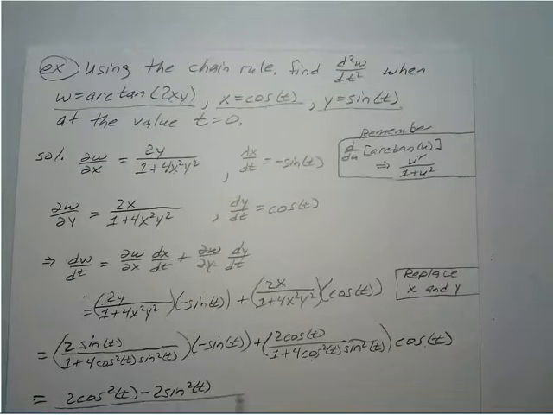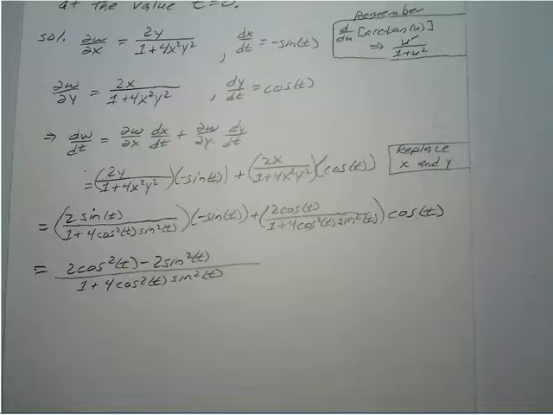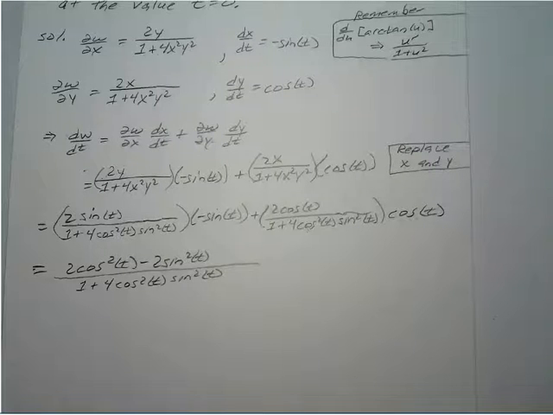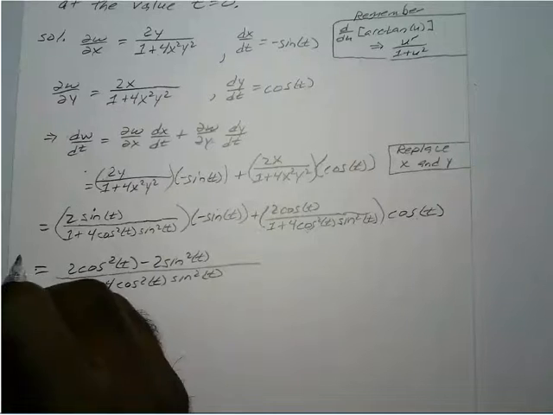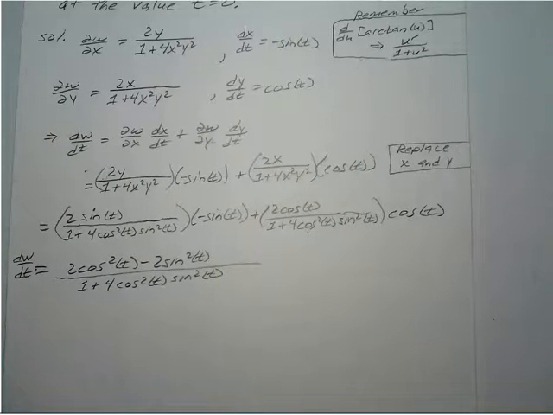Since the denominators are the same, we're just going to put them both over 1 plus 4 cosine squared t sine squared t. Okay, so that's your dw/dt. Or if you want to factor out a 2, you can.